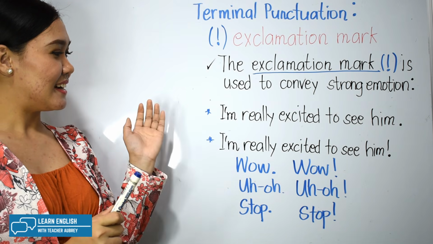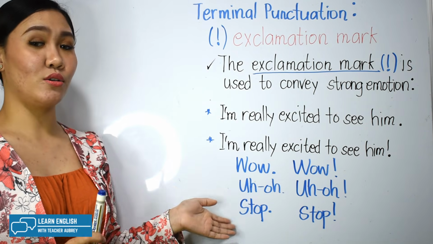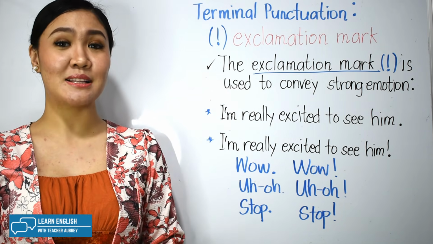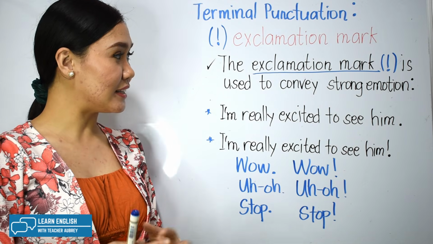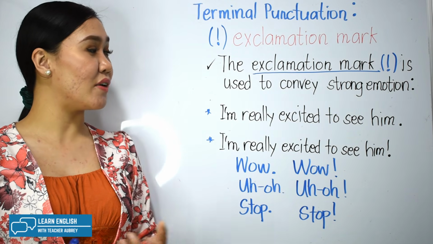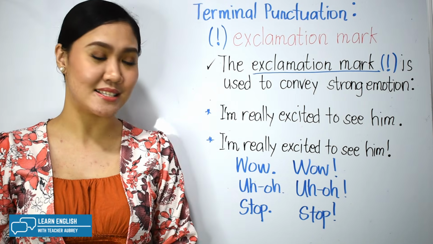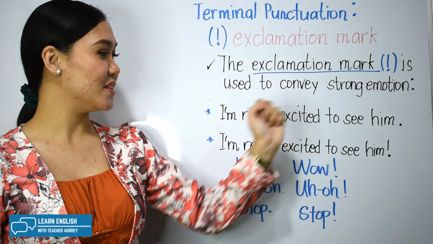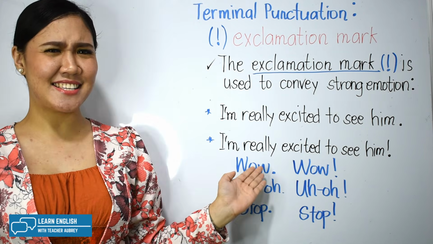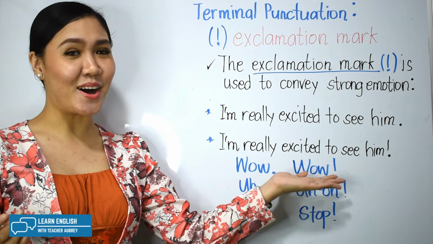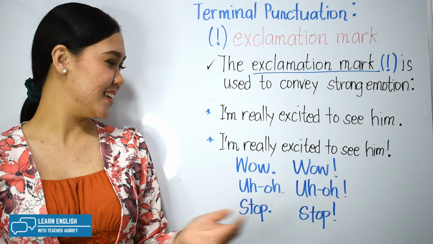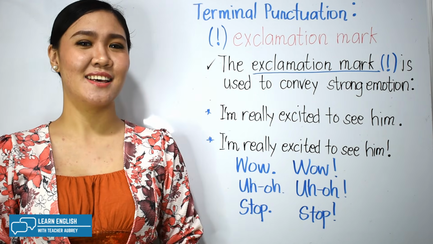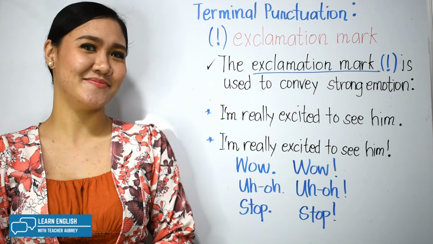Ulitin natin, kapag ginamitan lang natin ang tuldok, walang masidhing damdamin. Kaya dapat tatandaan natin na whenever we are going to convey a strong emotion in our sentences, we need to use the punctuation mark, exclamation mark. Okay? We have, I'm really excited to see him! Wow! Uh-oh! And stop! Those are the examples.